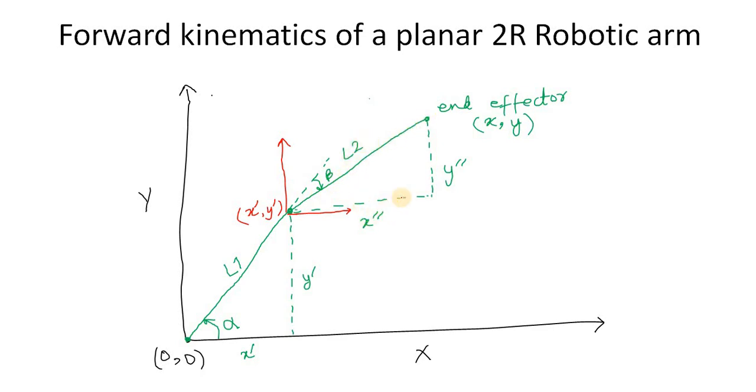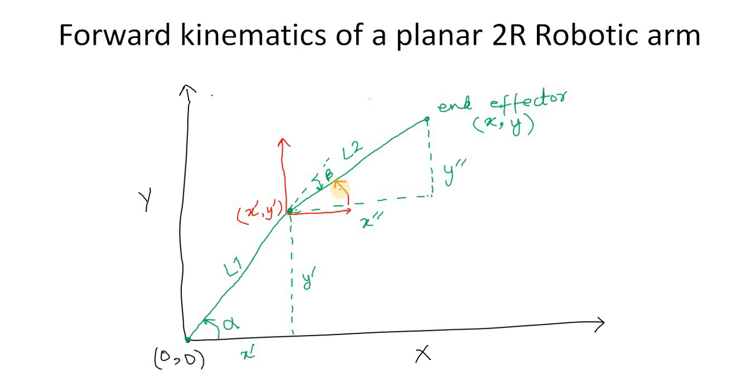We want to find x double dash and y double dash. What is unknown is still the angle with respect to the positive x-axis. This can be calculated because beta is known and also alpha is known.